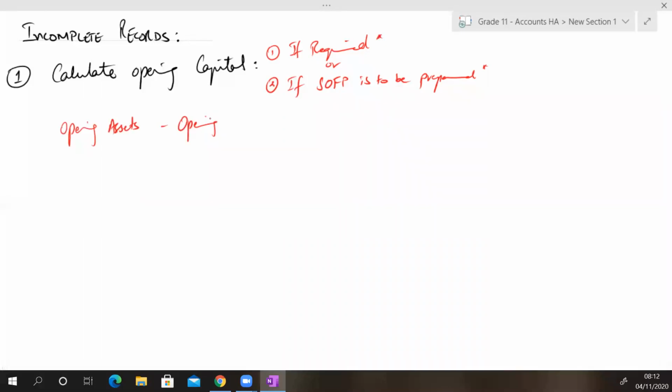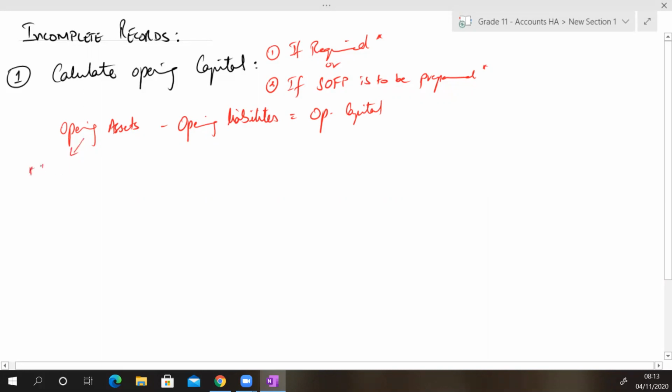Yes, but you have not yet prepared the income statement, so there is no net profit, and no SOFP prepared with closing capital. Okay. So opening capital will be calculated as opening assets minus opening liabilities is equal to opening capital. Within the opening assets, there is one thing which is important. Do not forget opening bank balance. Opening assets minus opening liabilities will give you opening capital.